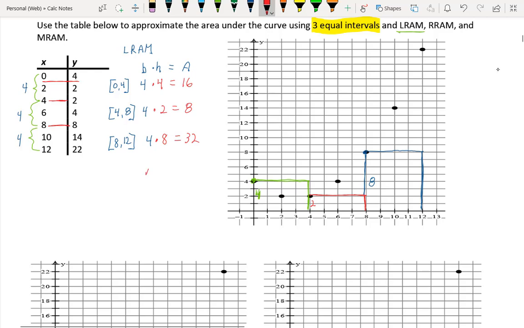And so the area under the curve would be, what do we got here, 16 plus 8 is 24, and 32. That's going to give 56 units squared. And so again, this height is the height of the left side of the rectangle. Hopefully that makes sense.